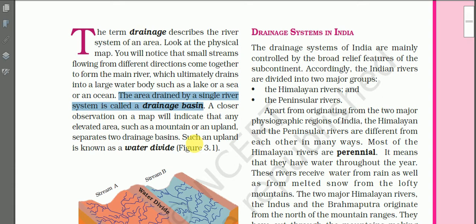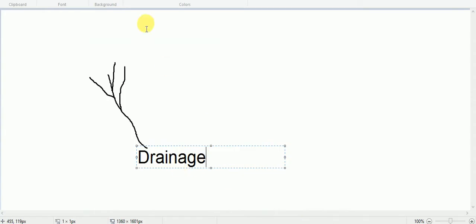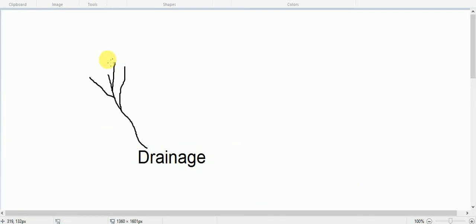This is what I call drainage. And this area, the slope of the mountain where the river system is flowing, is known as drainage basin.